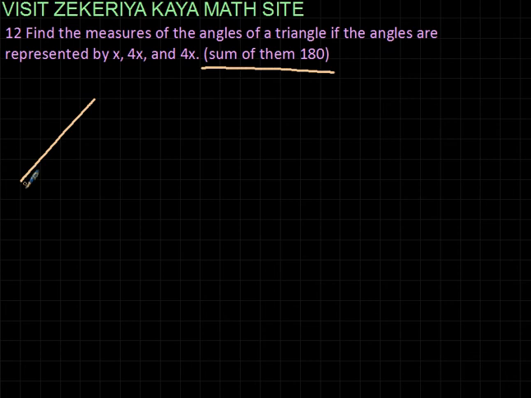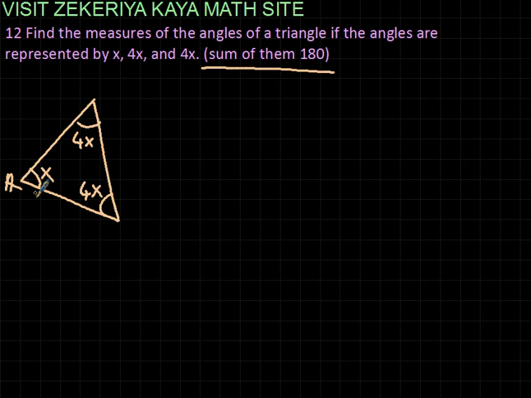One angle should be small, the others should be bigger. Anyway, one angle is x, the other angle is 4x, and the other angle is 4x. From here they want us to find each angle.